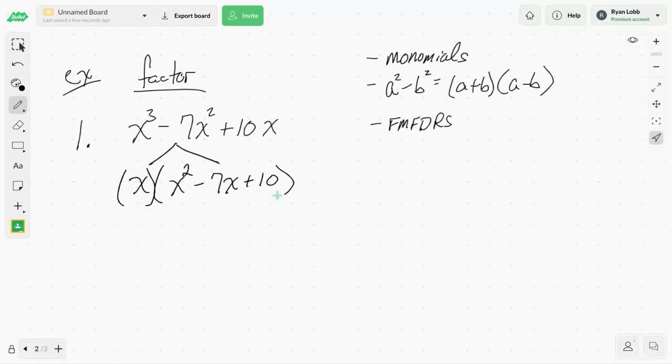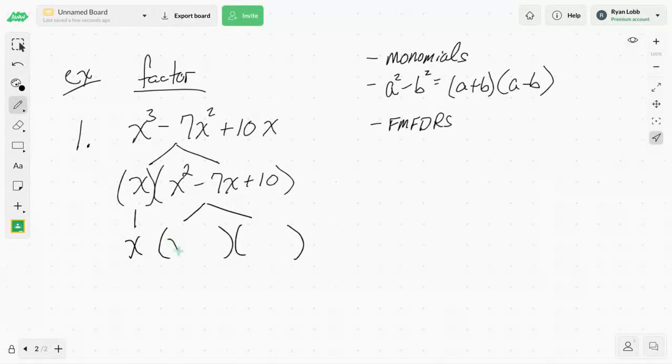No. What about this quadratic? Factors of 10 that add up to 7? Yep, 5 and 2. That's going to factor. So now if I did a little factor tree, I'd have x here, and now I branch off into these two factors. You don't have to write this factor tree as we move forward, but it's similar to numerical factoring.